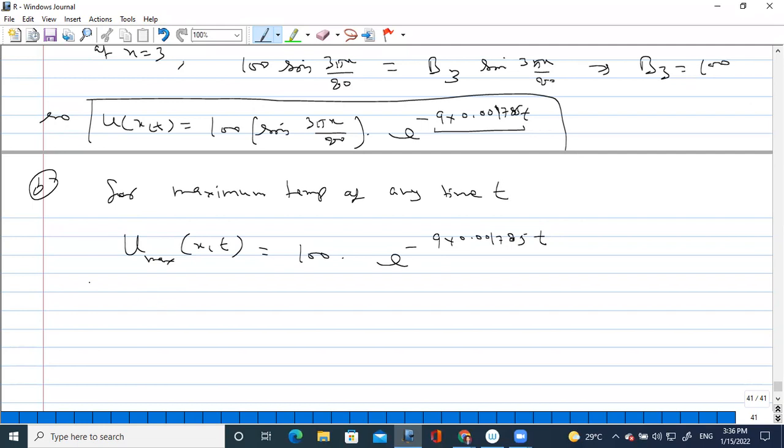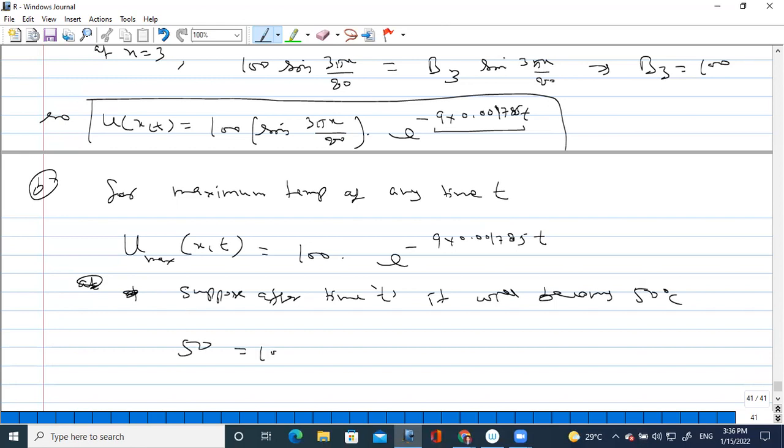Suppose after time t it will become 50 degrees centigrade.